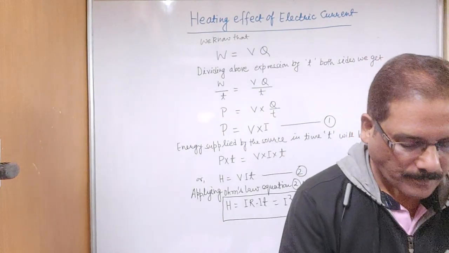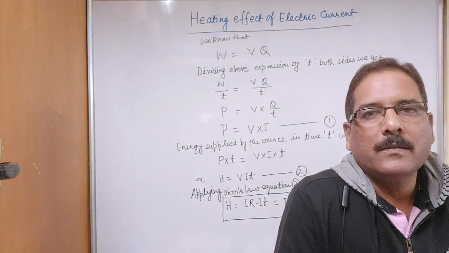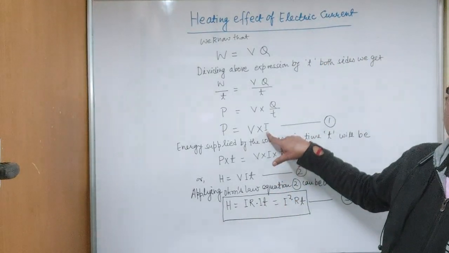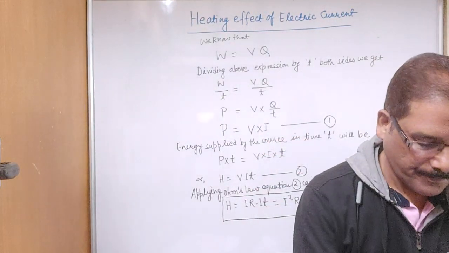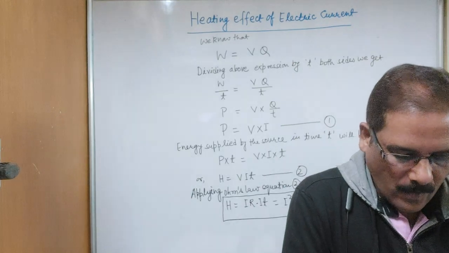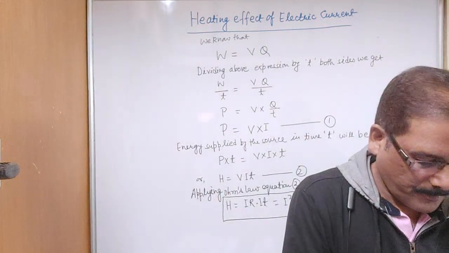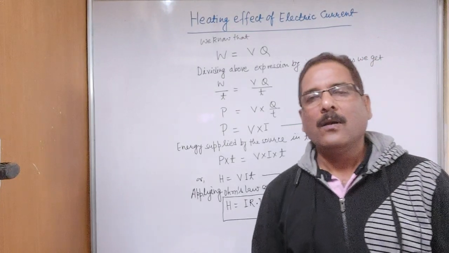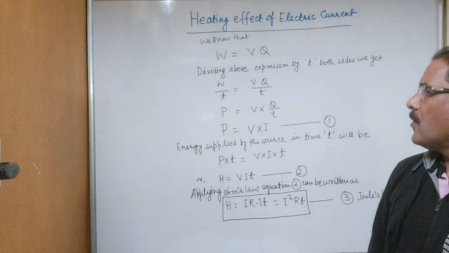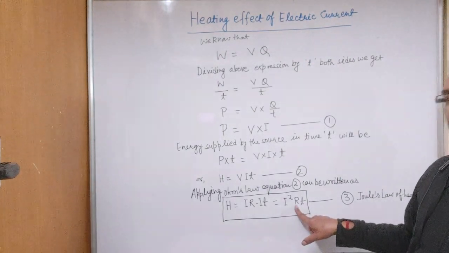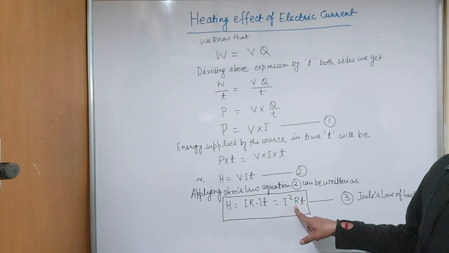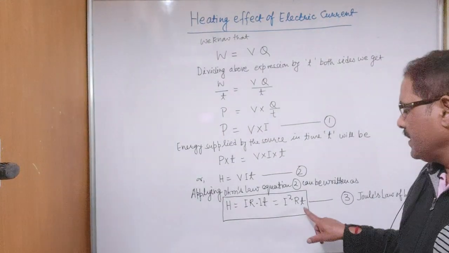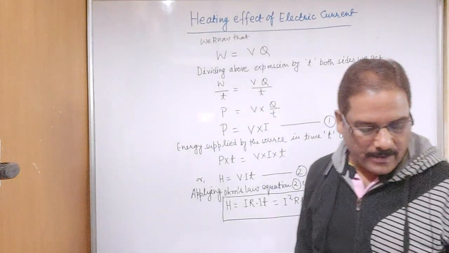in joules when a current of I ampere, capital I, ampere flows in a circuit of resistance R ohms, better to write R ohms, for time t seconds.